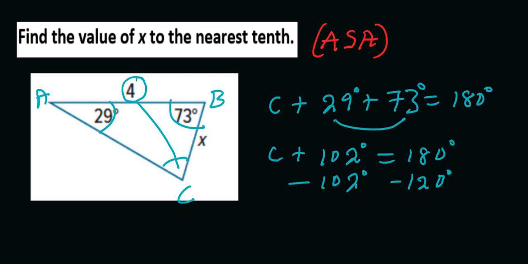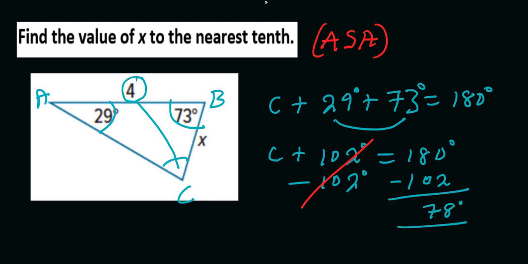102, sorry, 102. Okay, so when you do that, 102 minus 102 cancels out, and if you subtract this, it's going to give you 78 degrees.